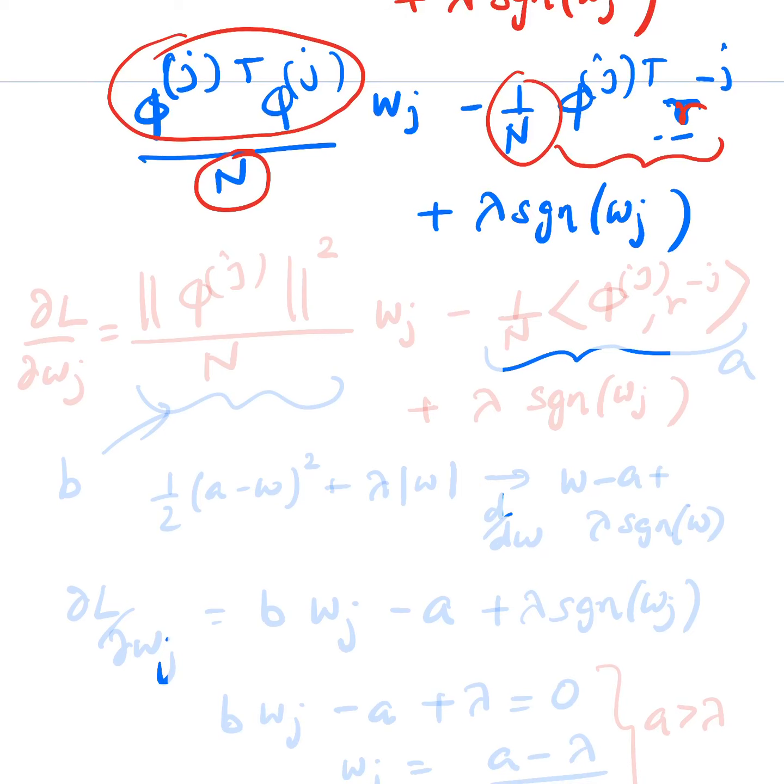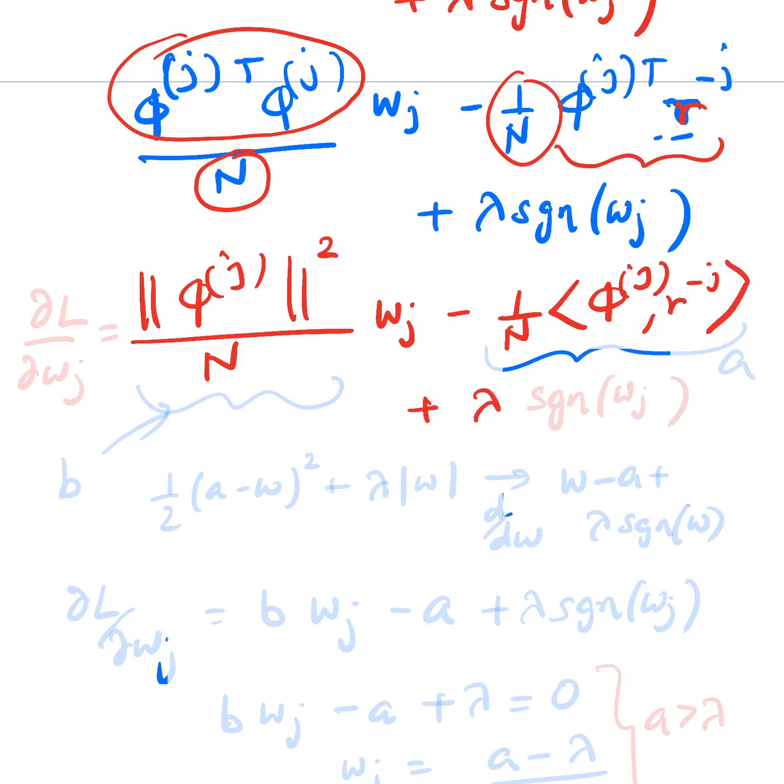So the derivative looks like this: the first term is just the energy of the jth feature normalized across examples, times wj, minus again 1 over n, an inner product between phi j and the residual error when I use everybody else, plus lambda sign of wj. This is my del L by del wj.